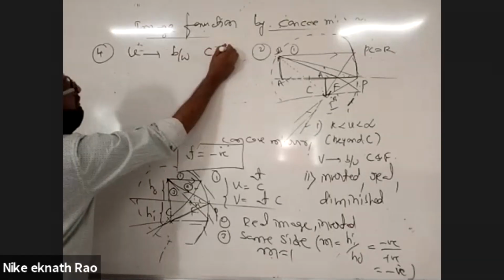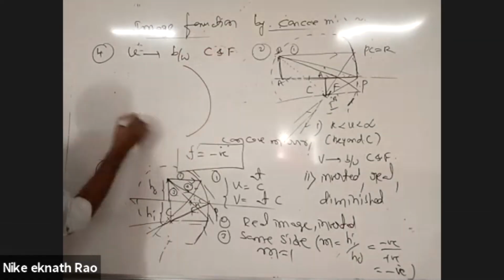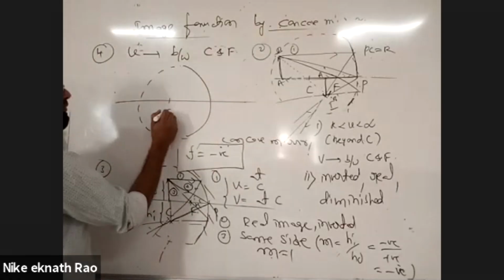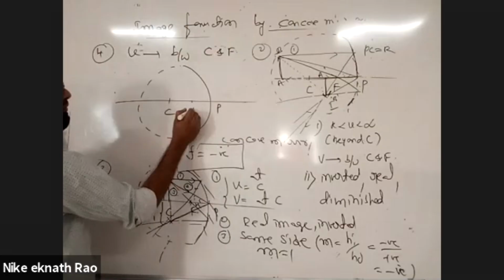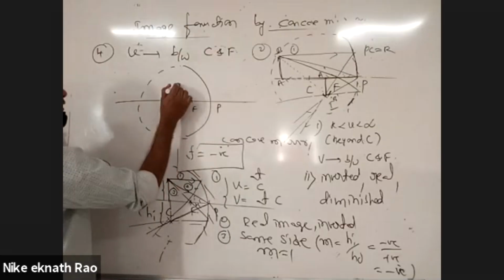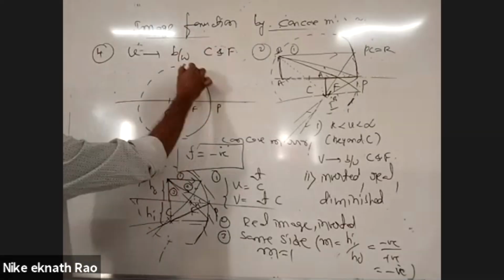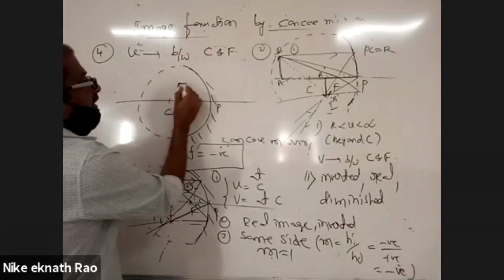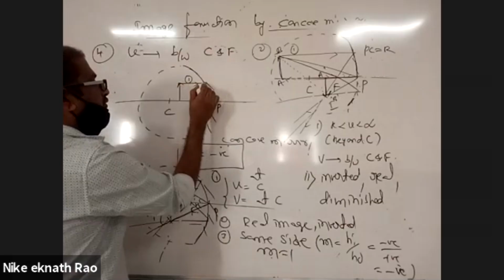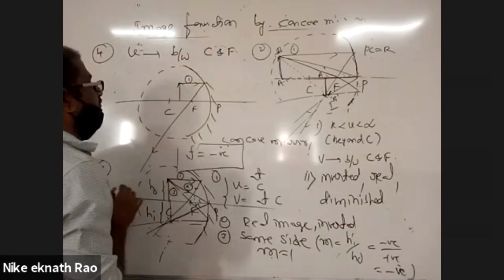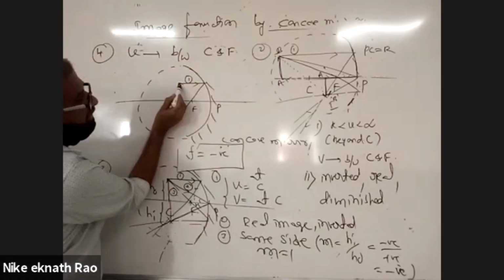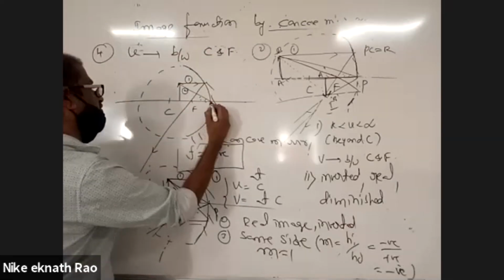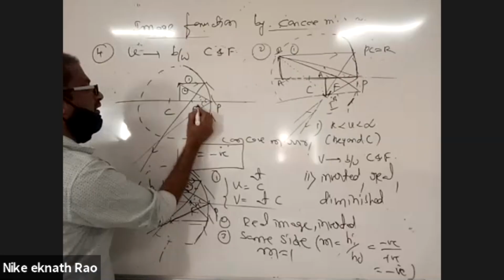Object between C and F. The first ray passes through the focus and hits the pole. For the second ray, the angle of incidence i is equal to r.